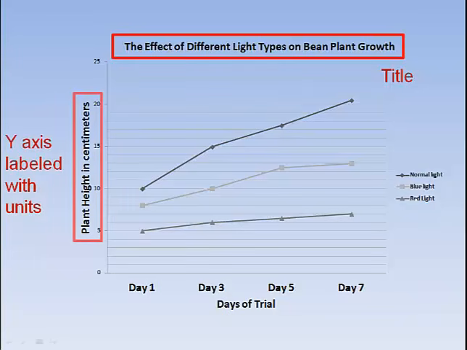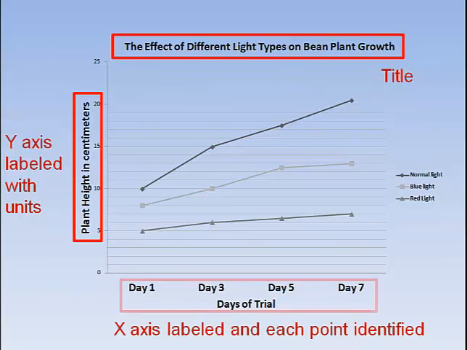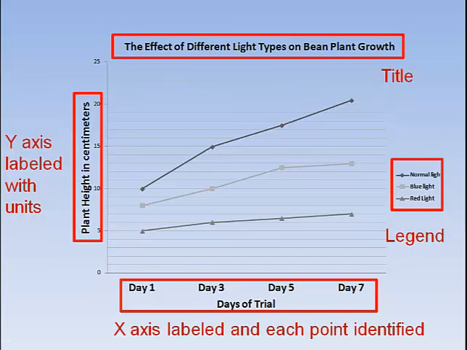Over here we have our DV, plant height in centimeters, and down here on the x-axis we have our IV, which is time, and we have our different groups, and over here we have a legend to help us tell them apart.